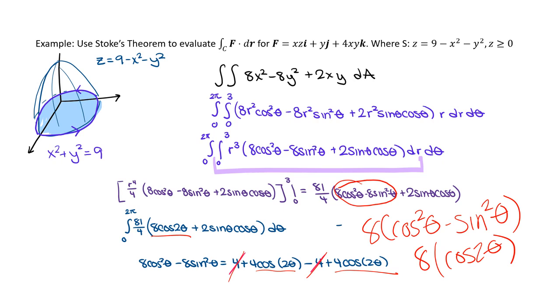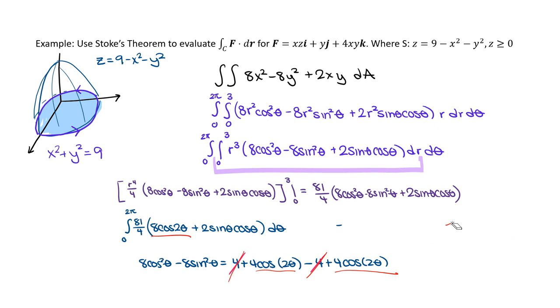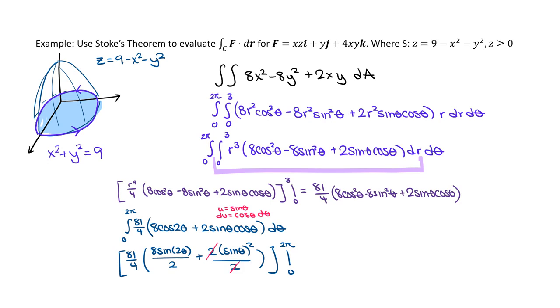That's my double angle identity, so 8 cosine 2 theta. Then I'm going to just leave that 2 sine theta cosine theta alone because I can integrate that as is. If you want, you could use a different double angle identity there, but I'm just going to leave it as it is.